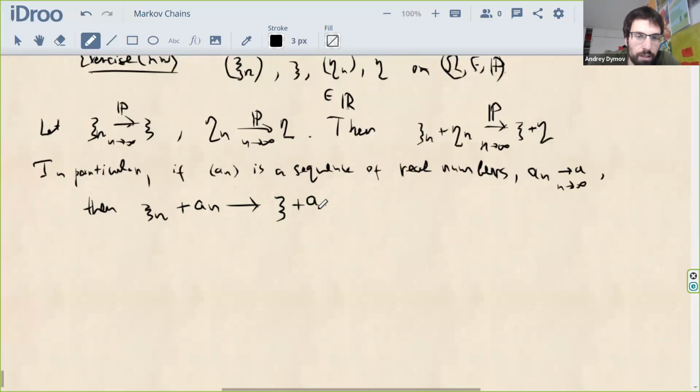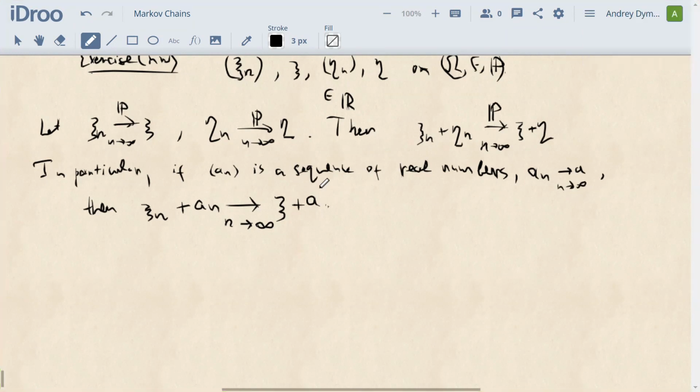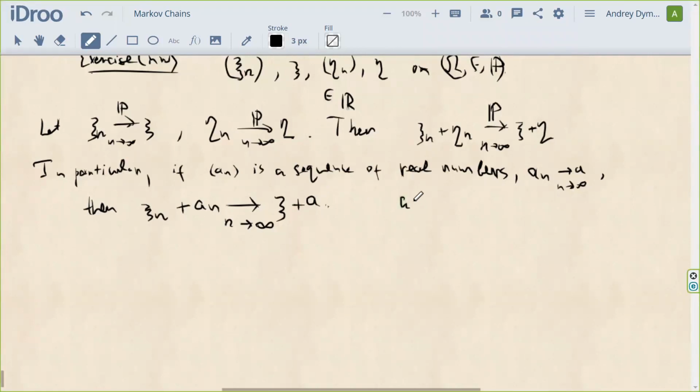But just to understand, are you still alive or not, I have the following question to the audience. What does it mean, xi plus a? Because xi is a random variable, and a is a real number. What does this sum mean? A is also a random variable, but it takes a certain value with probability equal to 1.